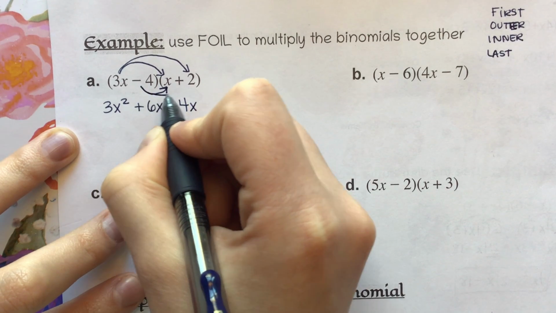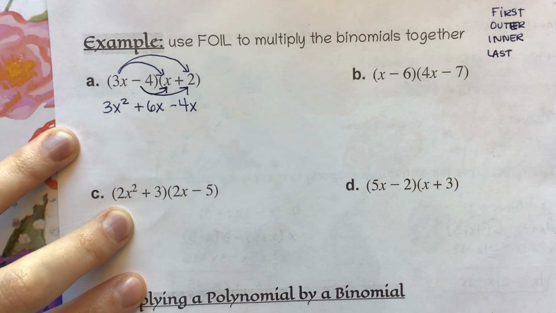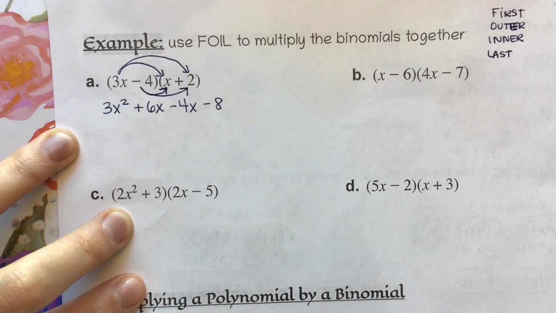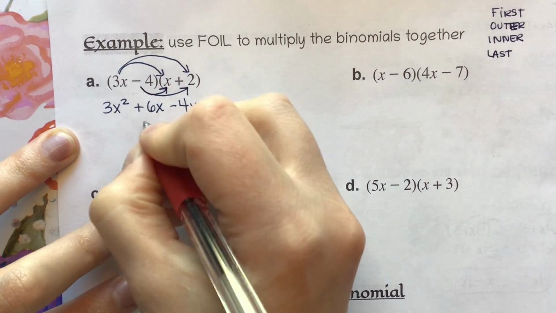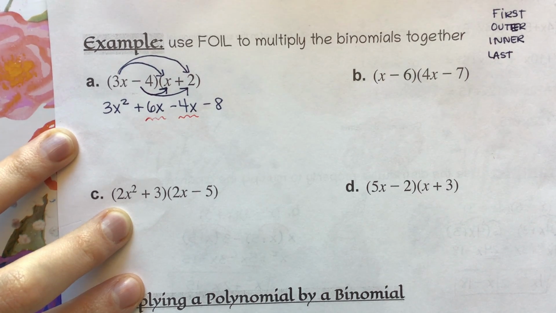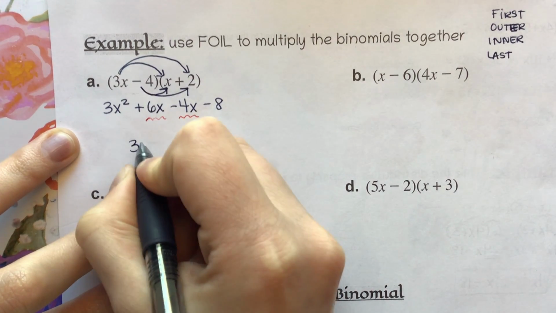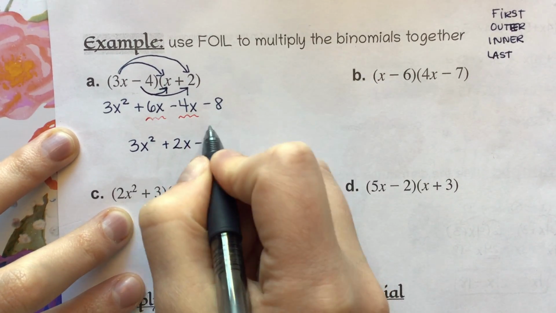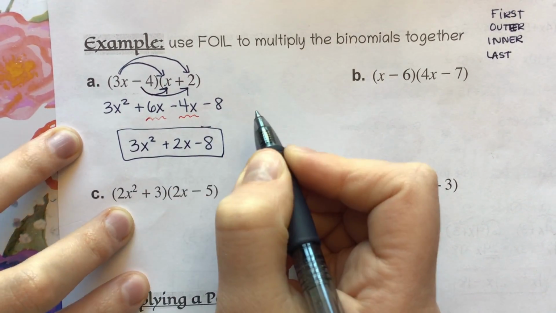And then last is going to be negative 4 times 2, which is minus 8. Alrighty, now I'm able to combine like terms. So 6x and negative 4x are like terms. And to rewrite this, I'm going to have 3x squared plus 2x minus 8 for that final answer on example A.